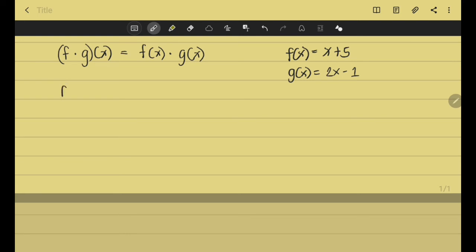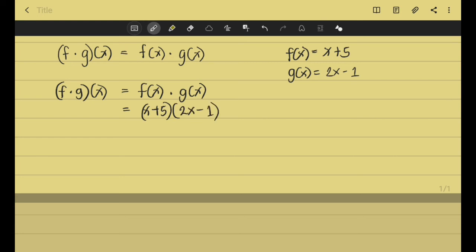So we have f multiplied by g of x is equal to f of x multiplied by g of x. Let us substitute the values of f of x and g of x. We have x plus 5 multiplied by 2x minus 1.